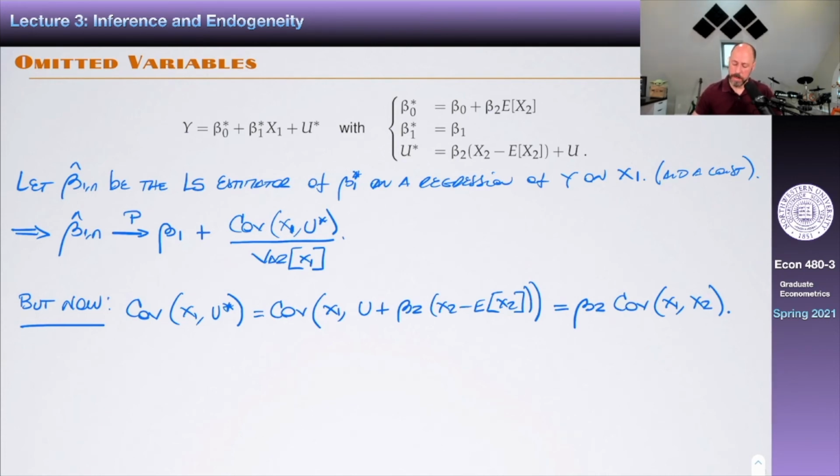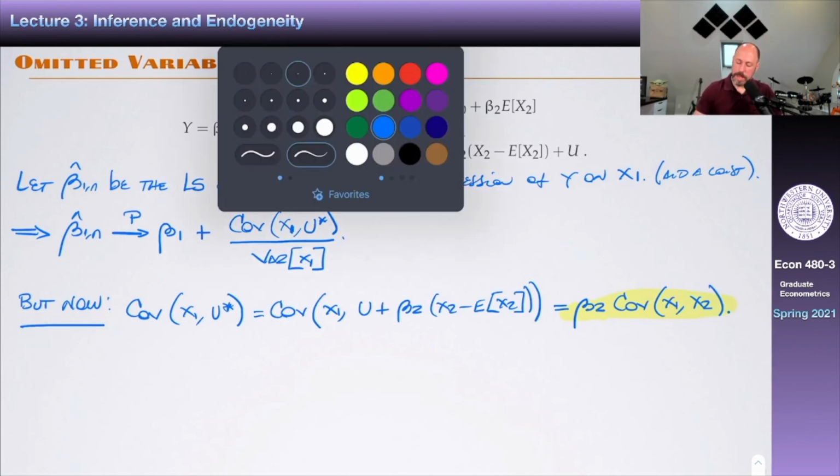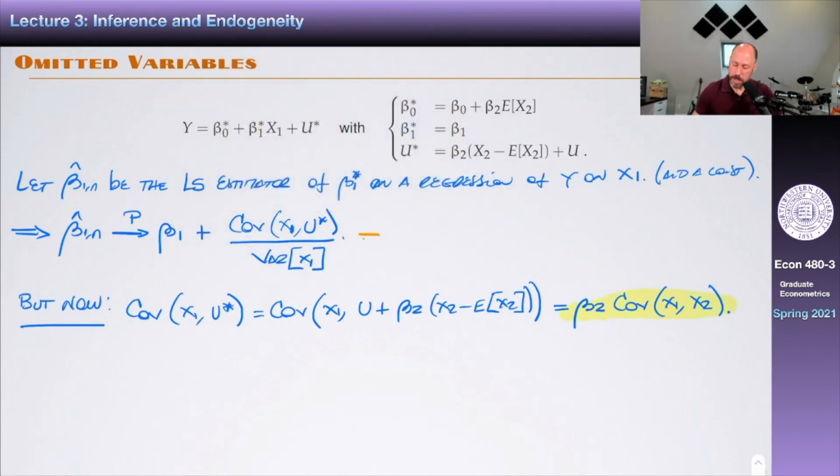So when we compute the covariance between x1 and u, that will be 0, and we only remain with the covariance between x1 and x2. If we take that back to the expression we had, this is equal to beta 1 plus beta 2 times the covariance of x1, x2 divided by the variance of x1.